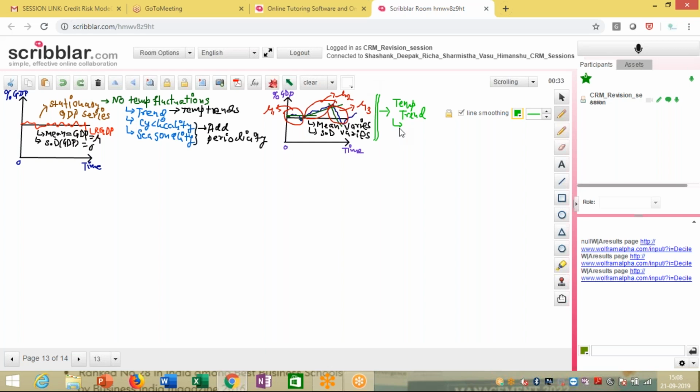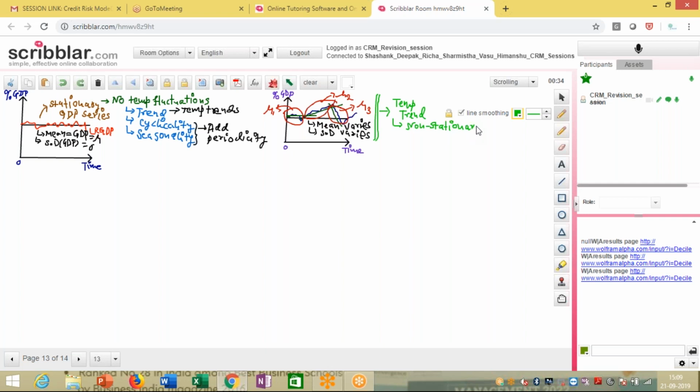So as I was saying, talking about the temporary trend, right? It is this temporary trend which makes my data non-stationary. And therefore, this temporary trend cannot be incorporated in the model if I am trying to make any prediction. So this is the concept of non-stationarity.